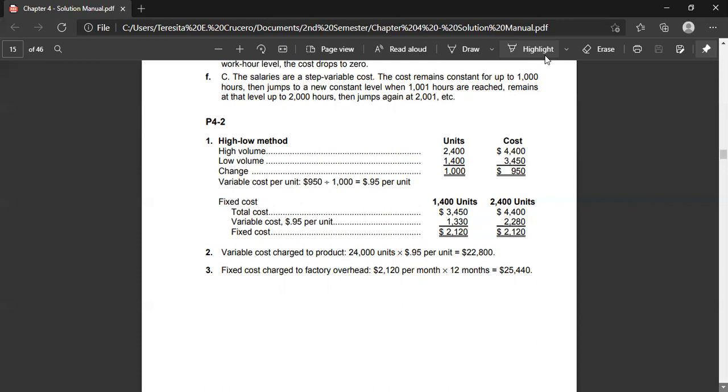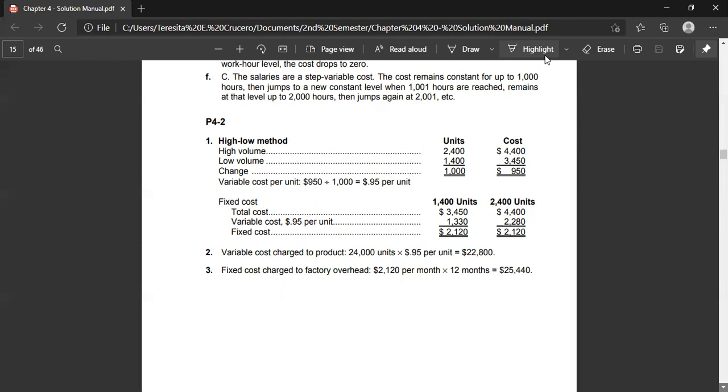Notice that there is another 4,400 in July. However, you cannot use it for the highest because the capacity used for July is only 2,200 units. Okay? So the highest capacity level is that of January with 2,400 units and a cost of $4,400.